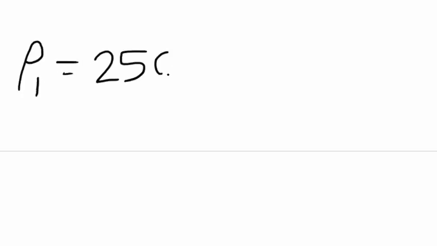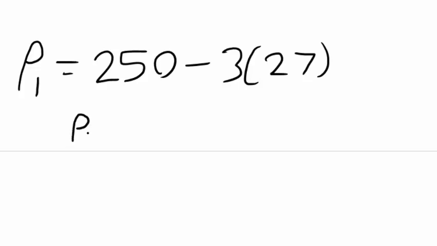And so, since we have found our quantities, we can now find our prices. So, starting with P1, we would take our original price function of 250 minus 3 times quantity 1, which we know now is 27, and plug that into a calculator to get a price 1 of 169.